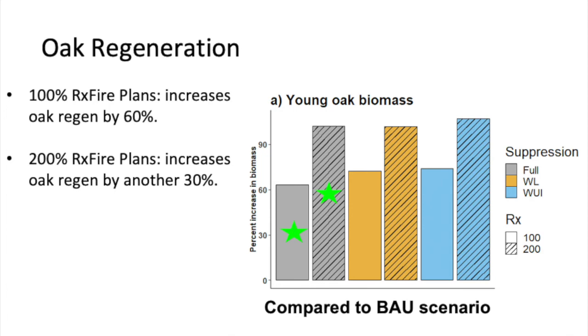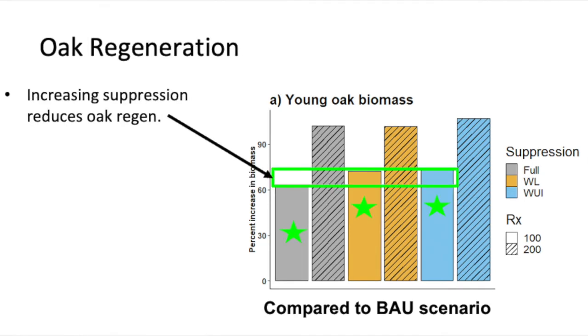Okay, so first of all, increasing prescribed fire could increase oak regeneration by 60%. Okay, so that's this graph right here. 200% increase in prescribed fire could increase oak regeneration by another 30%.